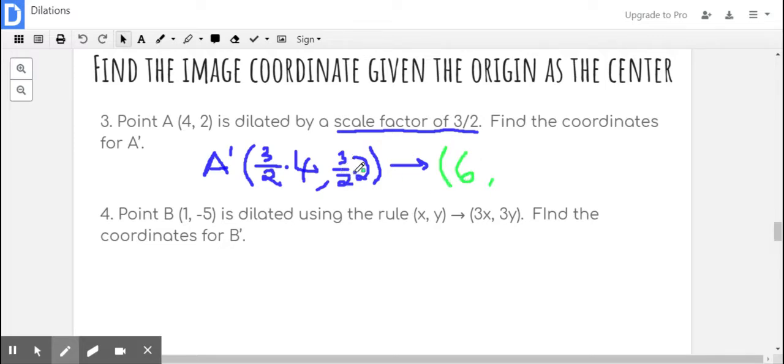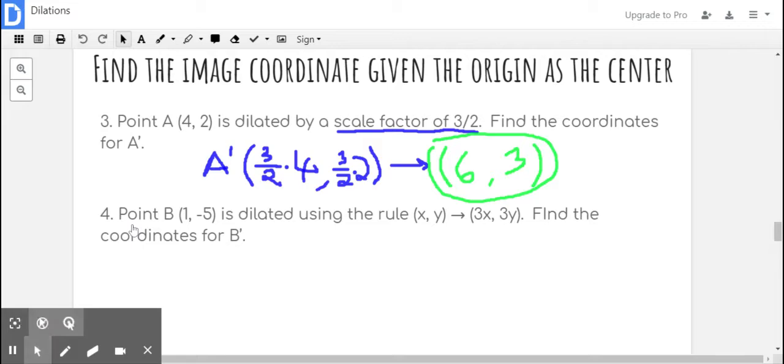And then 3 halves times 2 is 6 halves, which is 3. So that means A prime would be the point (6, 3) after dilation by 3 halves.